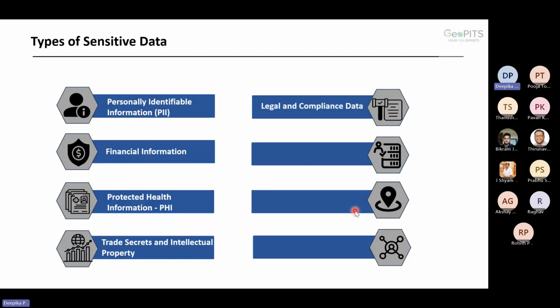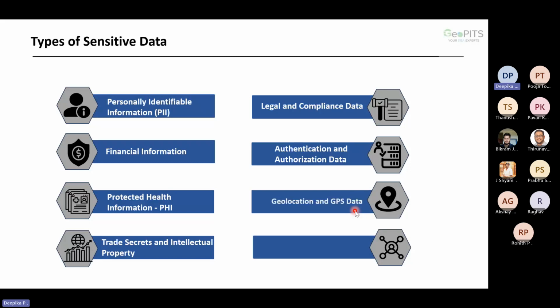The next one is legal and compliance data. This category includes legal case details, client communications, like that. Next is authentication and authorization data. This includes usernames, passwords, access keys, access tokens, access numbers, like that.